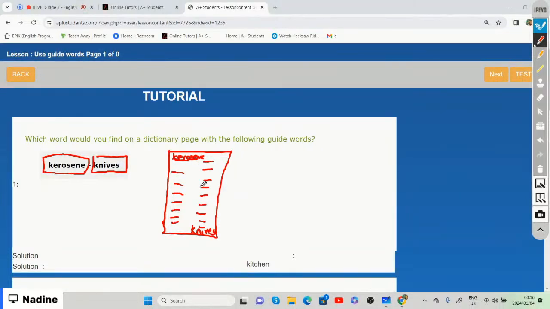So all the other words in between will be in alphabetical order, starting with K-E, going on, what is after E, F, G, no word with K-G, for example. So it will be K-I, and so on up until you get K-N for knives, right? So which means that you now need to find a word that will basically be between KE and KN.